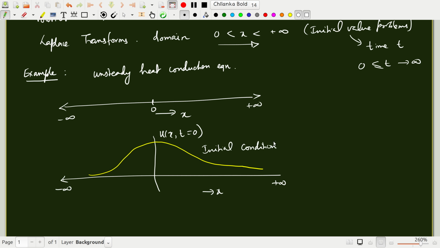Now once you impose this initial condition, where u of x at t equal to 0 is not unbounded, doesn't diverge, then we would like to ask the question, how will the temperature change as a function of x and time for this given initial condition.